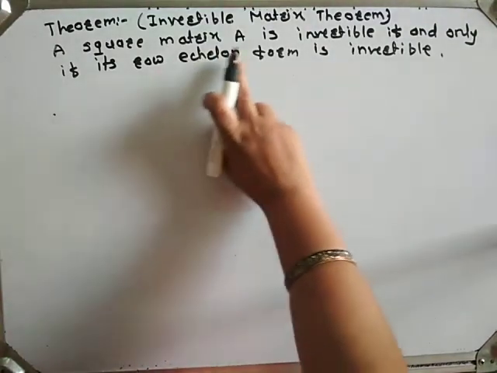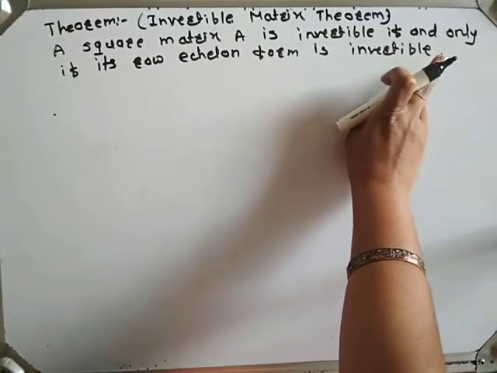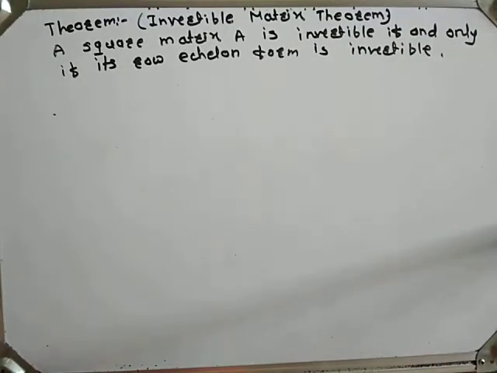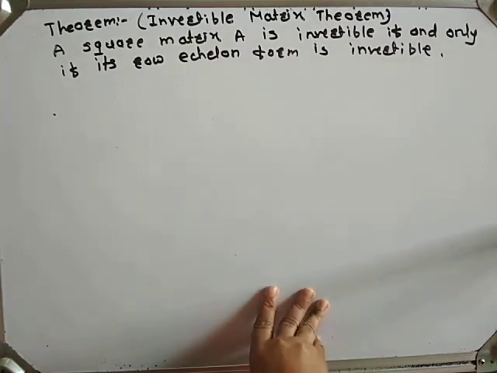What is the theorem? A square matrix A is invertible if and only if its row echelon form is invertible. Okay, we will stop here. Thank you.